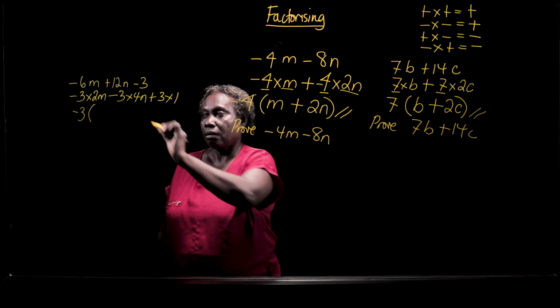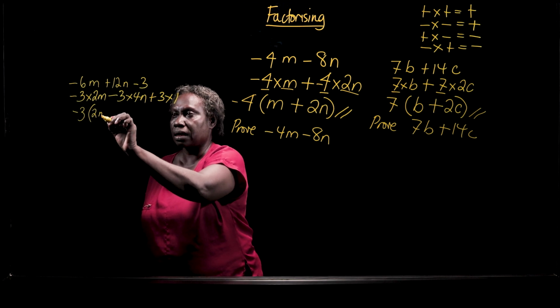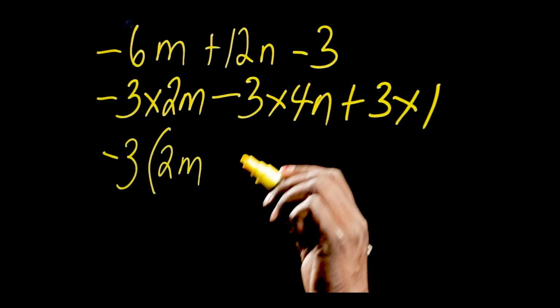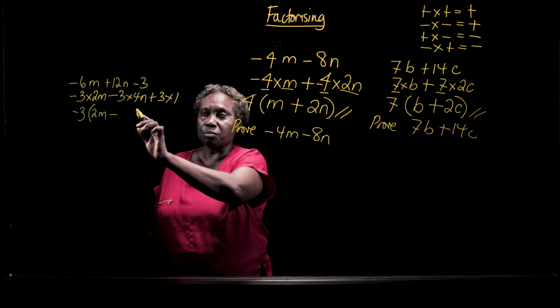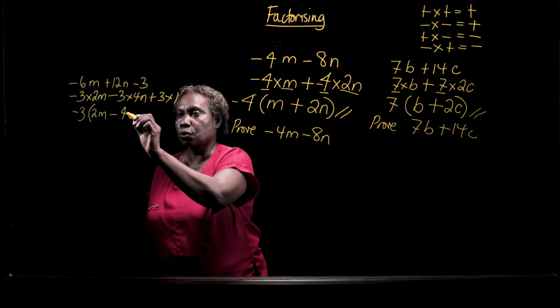Okay. Negative 3 times 2m gives us negative 6m. Okay. There's a negative sign there. Negative 3 times negative 4n gives us positive 12n.